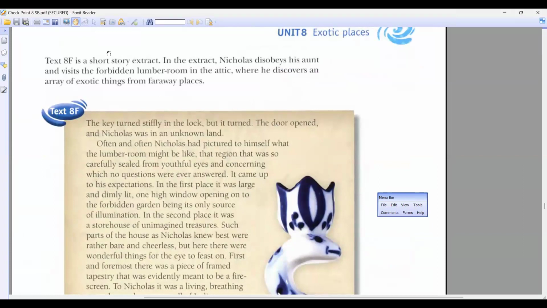Task 8F is a short story extract. In the extract, Nicholas disobeys his aunt and visits the forbidden lumber room in the attic, where he discovers an array of exotic things from faraway places. So here, what is the main character? What is the name of the main character?